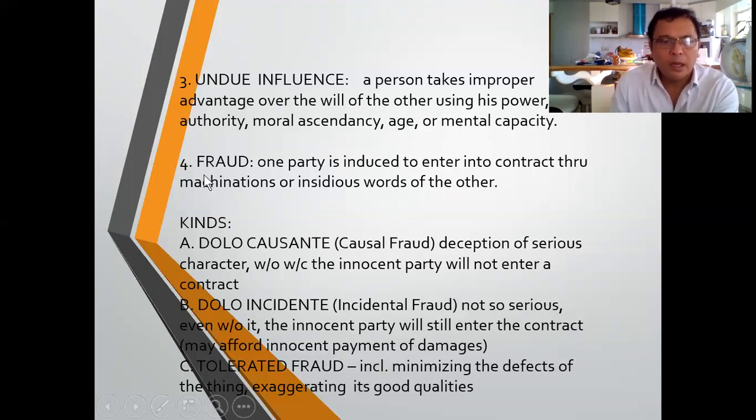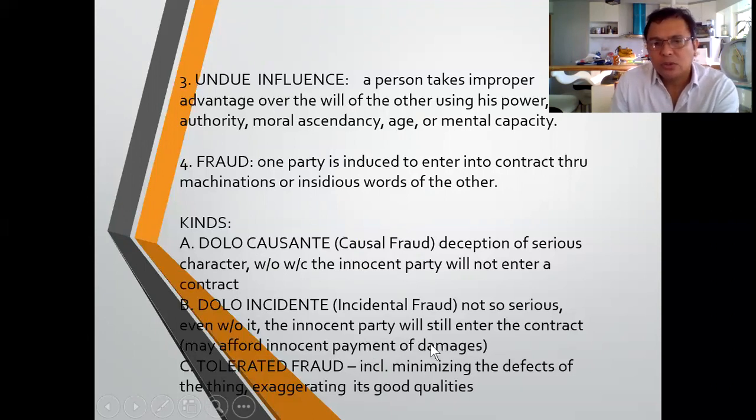Okay. Number four is fraud. So fraud is deception. One party in a contract is induced to enter into a contract through machinations or insidious words of the other. So there are three kinds of fraud. First is dolo causante or causal fraud, then dolo incidente, and tolerated fraud.